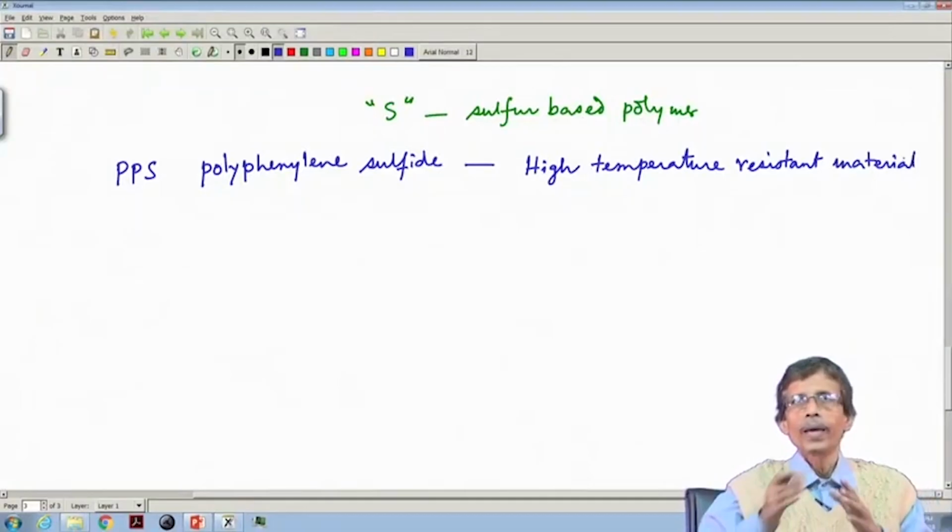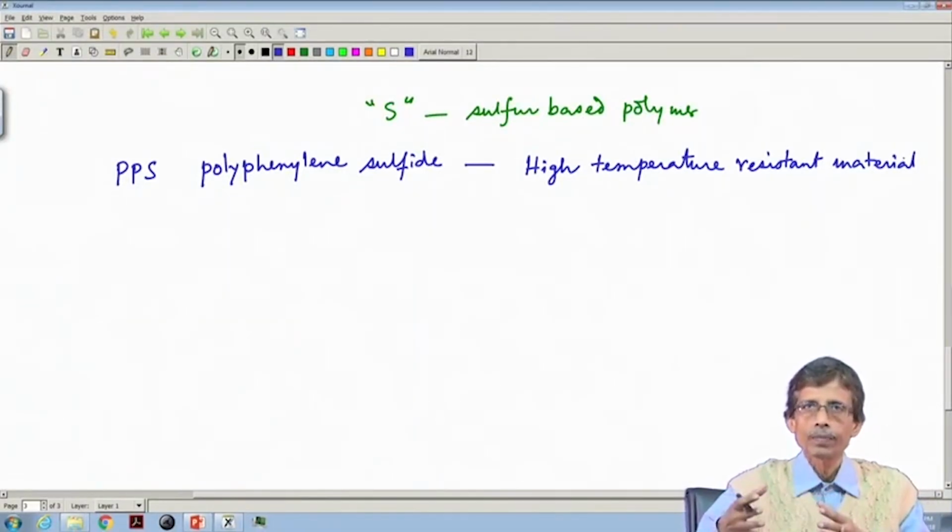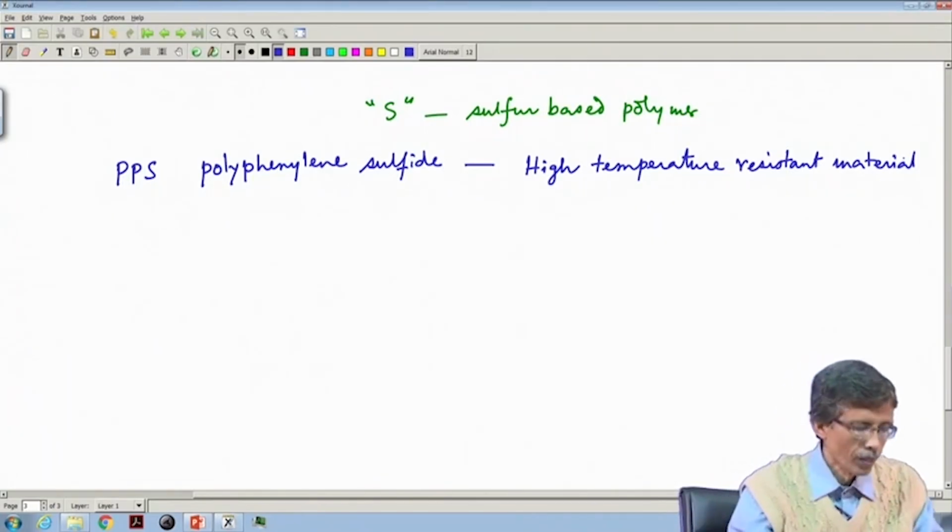So if you want to make a high temperature resistant polymer, we can go for some sulfur backbone in it, and that sulfur backbone can be introduced from sodium sulfide only.